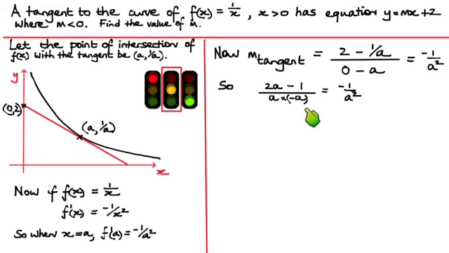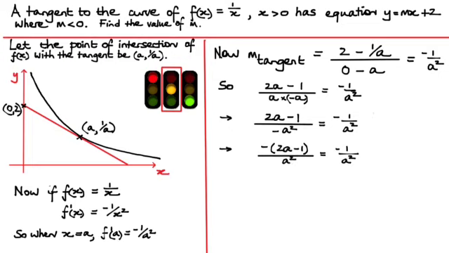Okay, so we can basically say that 2a minus 1 must equal 1, wouldn't you? Yes, after the cancelling. And therefore, if 2a equals 2, therefore a is going to equal 1.